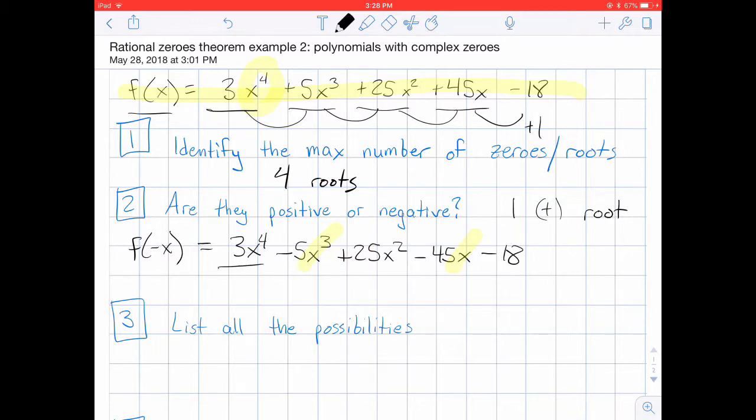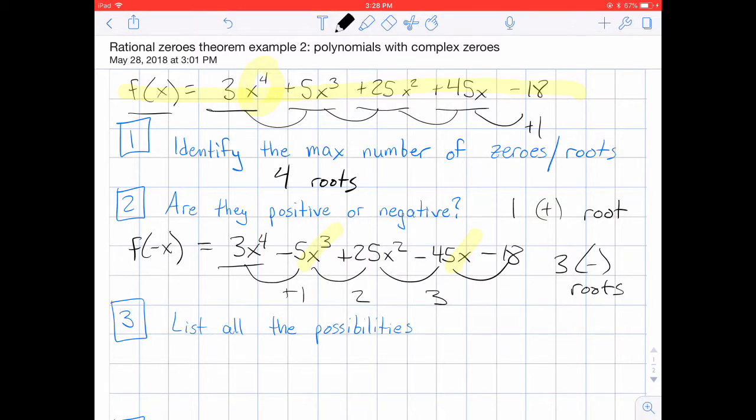In this case, you're starting with a positive, then we go to a negative, so there's one sign change. Then we go to a positive, there's a second sign change. We go to a negative, which is a third sign change, and then the last one doesn't change. That tells us we're going to have at most 3 negative roots.